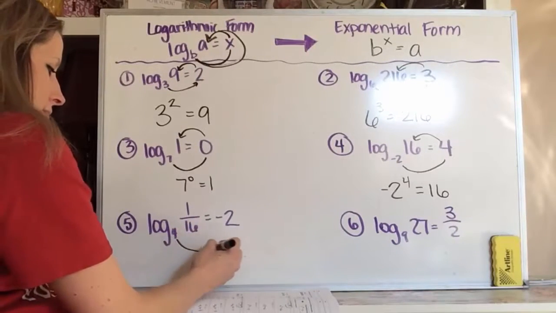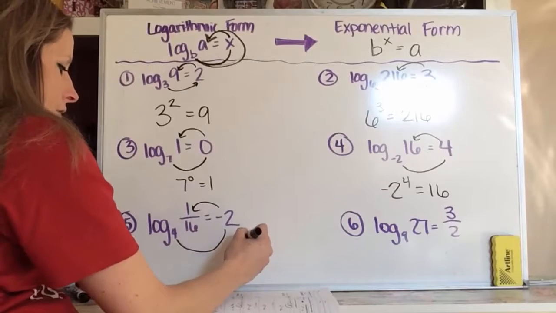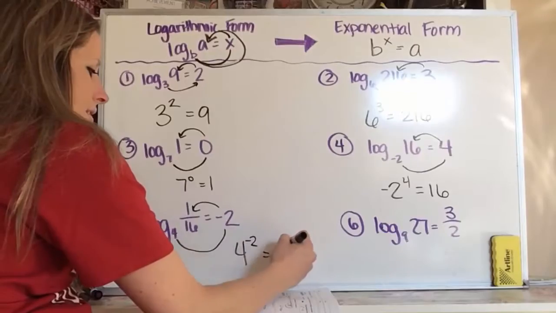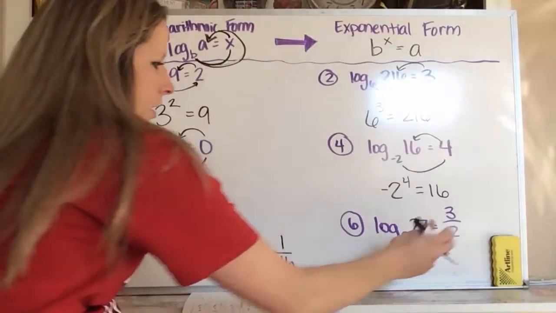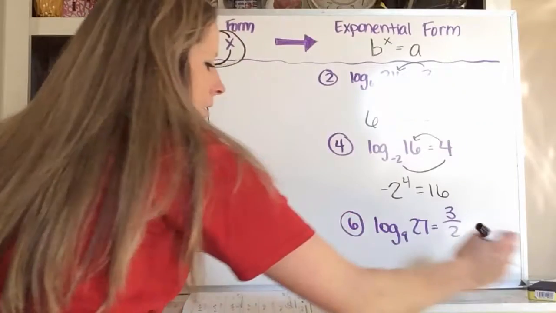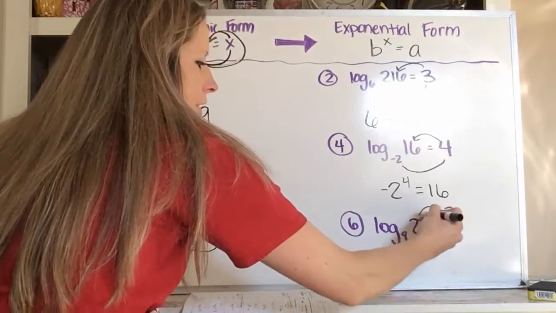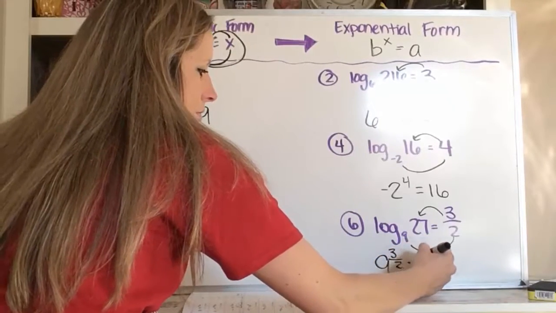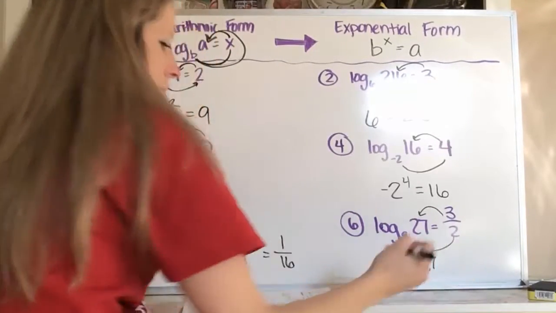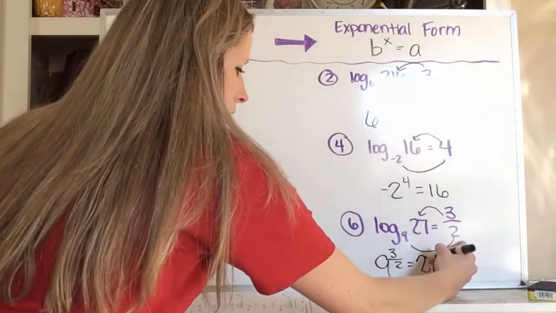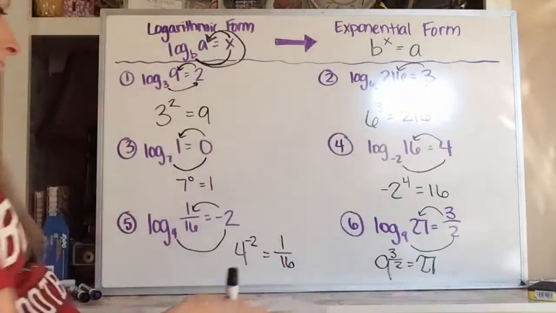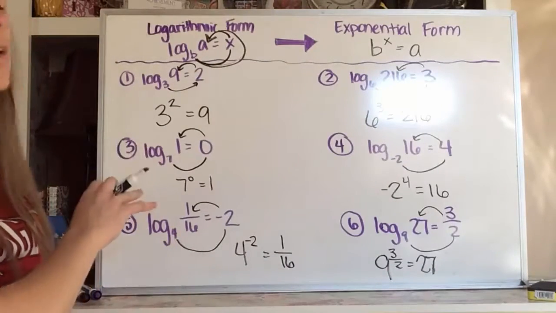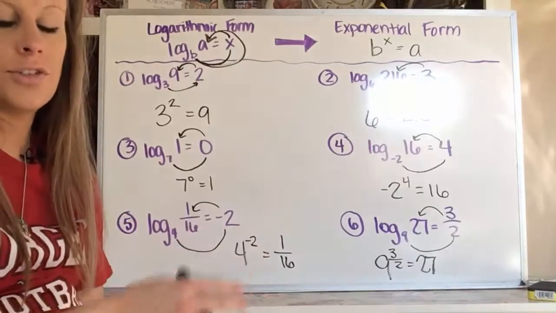Start with your base, move counterclockwise. So 4 to the negative 2 power equals 1/16. Last one, we have 9 to the 3/2 power equals 27. So that's how you write a logarithmic equation as an exponential equation.